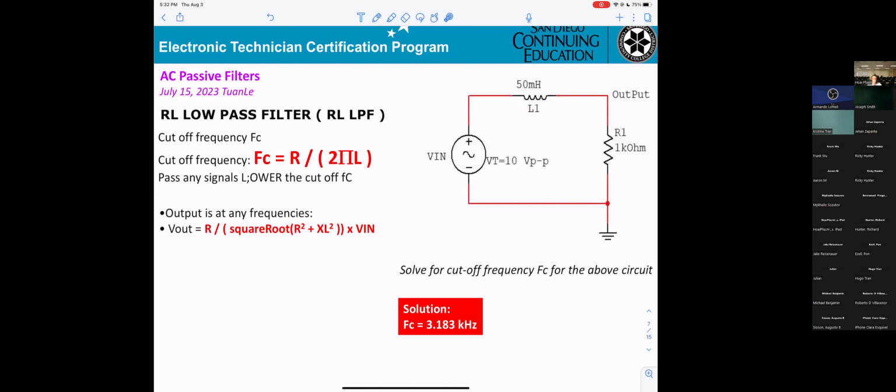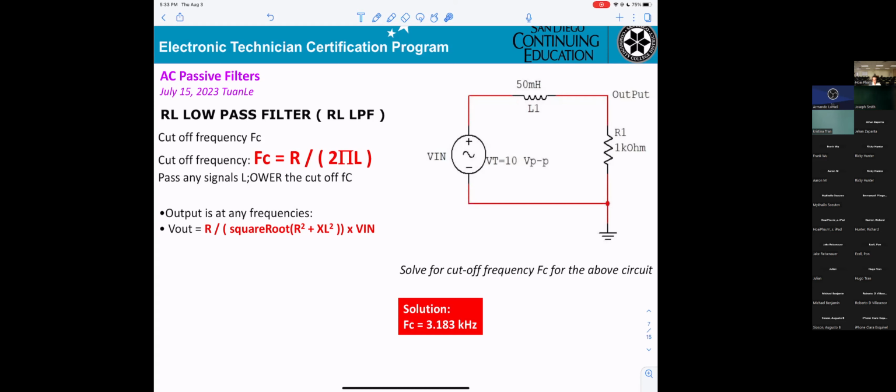The low pass filter passes any signal less than the cutoff frequency, and the high pass filter passes any signal higher than the cutoff.